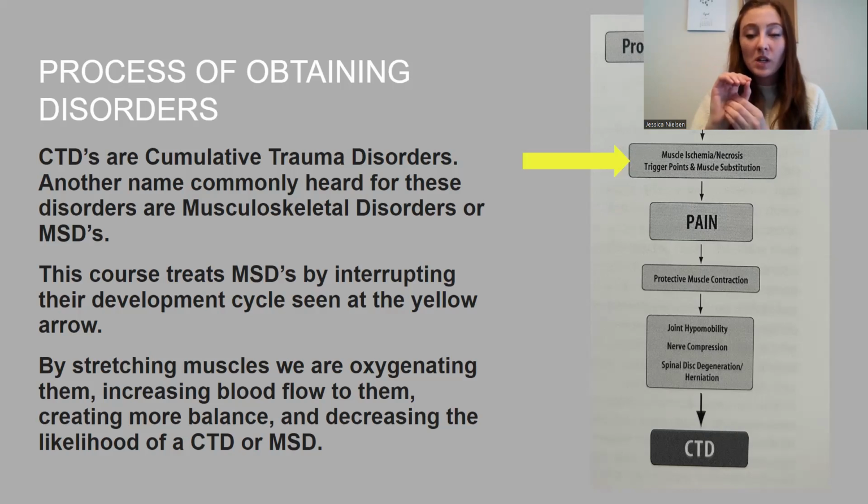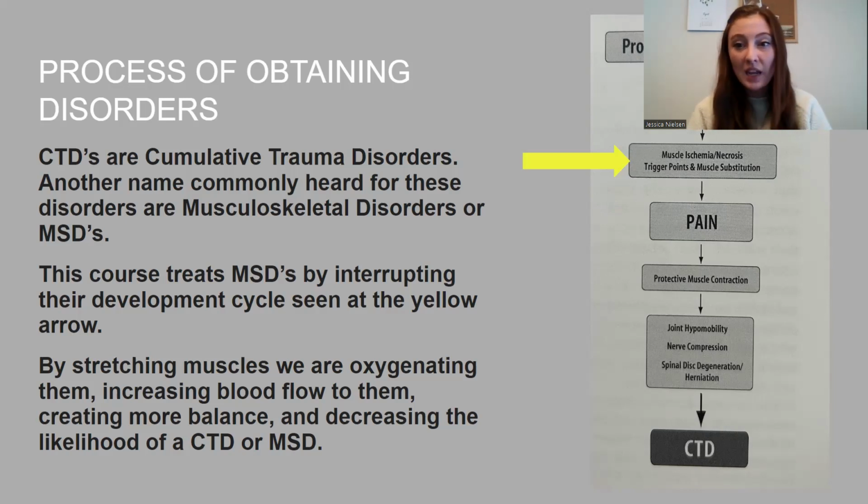And this muscle, which is still in that static posture, gains ischemia and necrosis. Ischemia is a loss of blood flow, and necrosis is tissue death. So these two things are found in the majority of musculoskeletal disorder development. And these lead you to have pain.